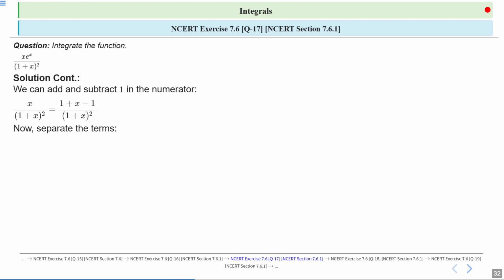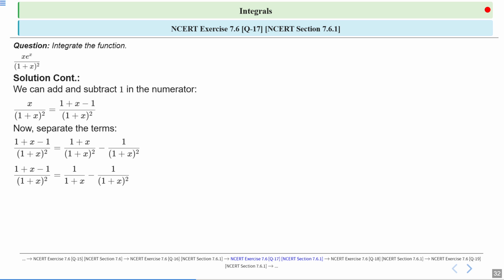So we add and subtract 1 in the numerator. So x by (1 plus x) whole square becomes (1 plus x minus 1) divided by (1 plus x) whole square. So separate the terms. We get (1 plus x) by (1 plus x) whole square minus 1 by (1 plus x) whole square.